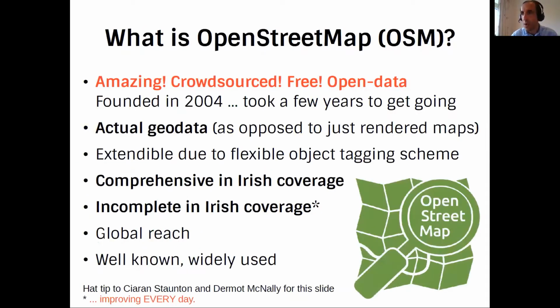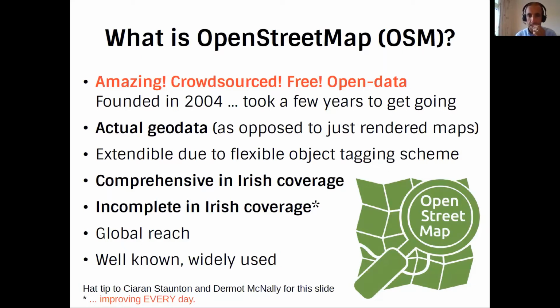So what is OSM? OSM is Openstreetmap. It's an amazing crowdsourced open data project which was founded in 2004, but I suppose really got going around 2006 or 2007. Now, the key thing to remember about Openstreetmap is it's not just a printed map or a map that we see online. It's actual geographic data.